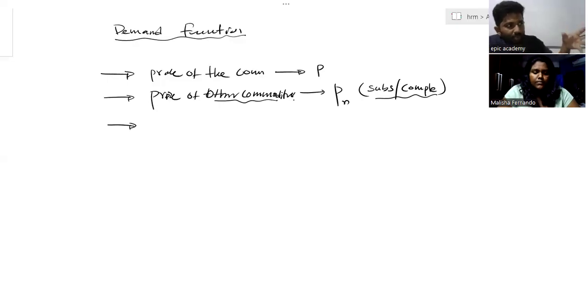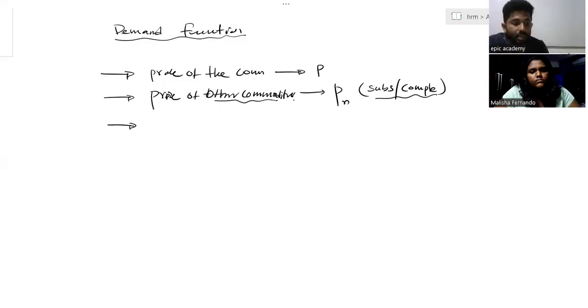If you are going to buy something, you are going to be concerned about the price of substitutes. Without this buying, what are the options you have? What are the alternatives? Those are the substitutes. And again, you are going to consider the complementary commodities. If the price of the complementary commodities is very high, you are not going to use it.